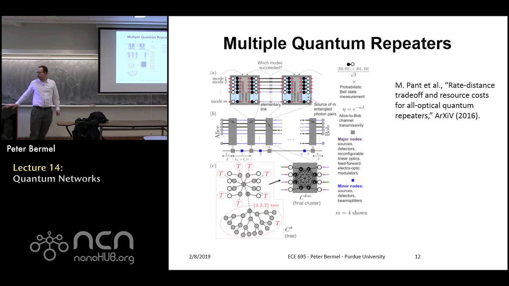And you can even go a little further to try to create these large networks where you basically have a whole series of so-called cluster states, or basically clusters of individual entangled quantum states that are arranged in a somewhat hierarchical structure.